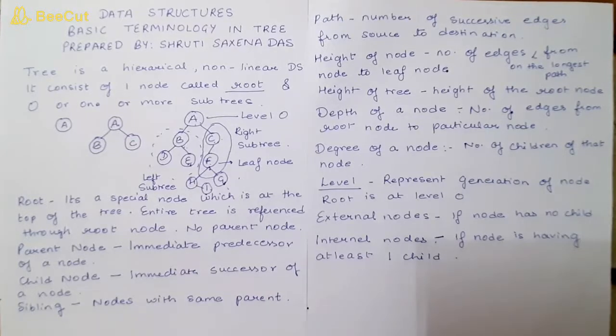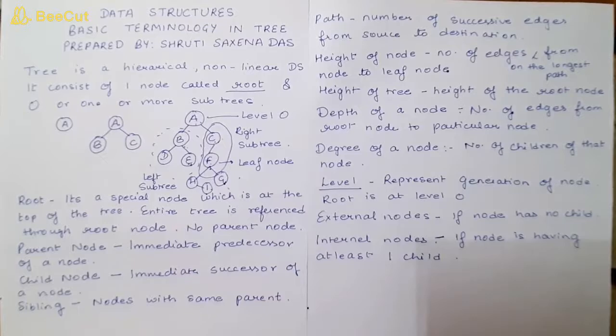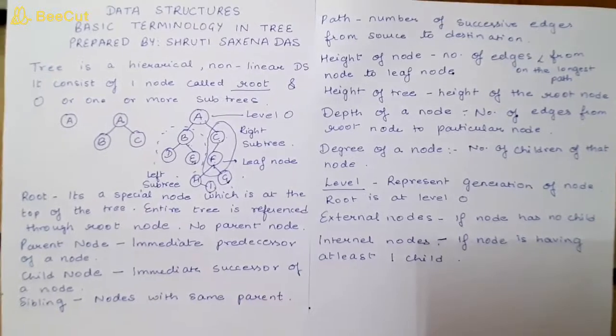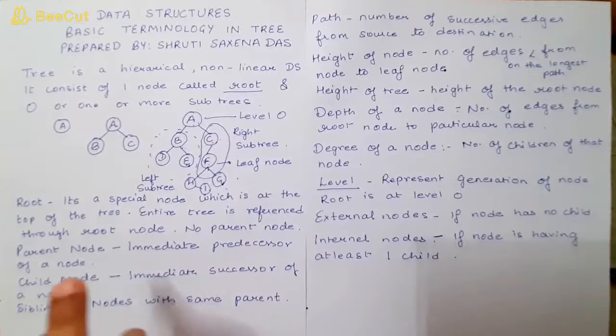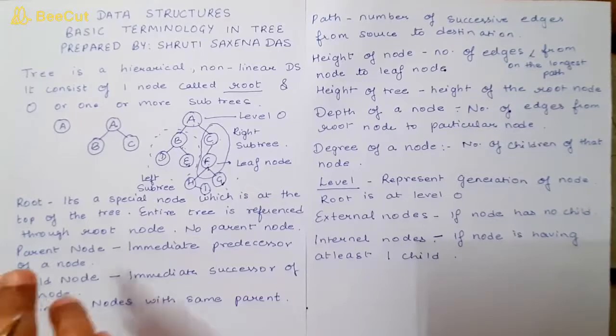So these are the basic terminology used in trees, and you need to remember that a tree is a non-linear data structure, and we basically use it wherever we need some hierarchy.